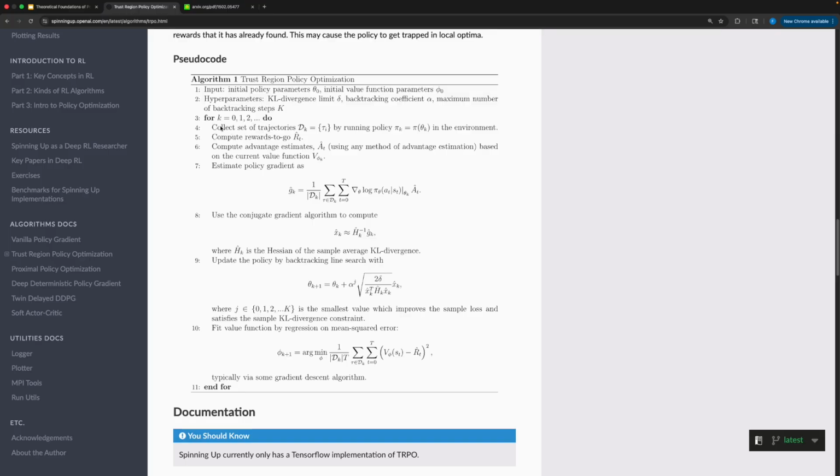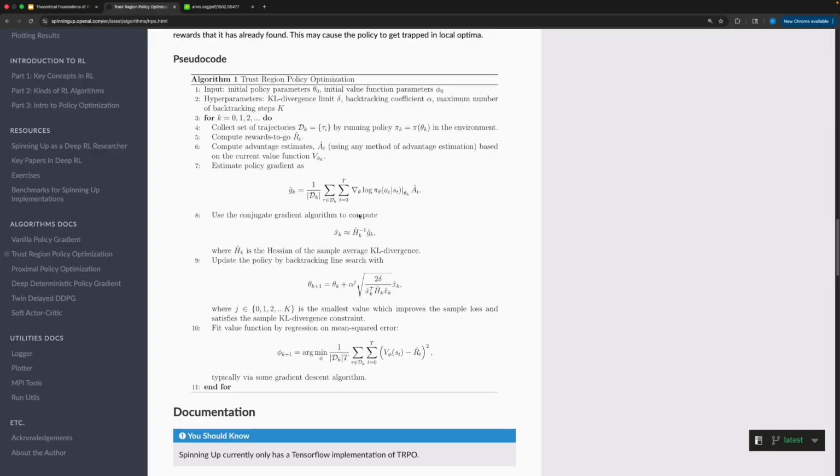So for step k, you collect trajectories by running your most recent policy in the environment. Collect the rewards-to-go, which are the returns for these trajectories, R hat t, and compute the advantages for each of the time steps using your current value function.